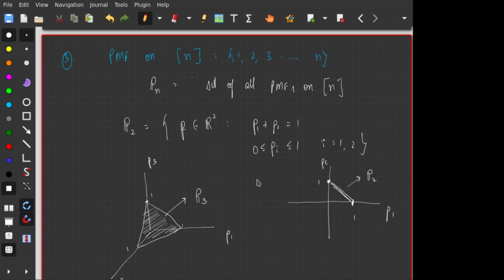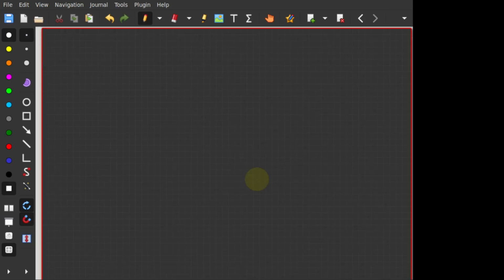Is that a half space? The set of all p for which pi is less than or equal to 1. What is the a vector? You fix a particular i. So the set of all vectors p in Rn such that pi is less than or equal to 1.